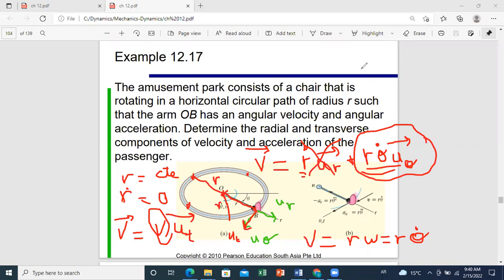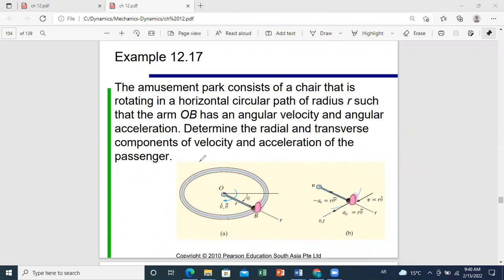Now, what about acceleration? To get the expression of acceleration, let us go back to the formula we derived together last time. What was the expression of the acceleration vector? Here it's a 2D motion, so no Z component. So we have along UR, r double dot minus r theta dot square.